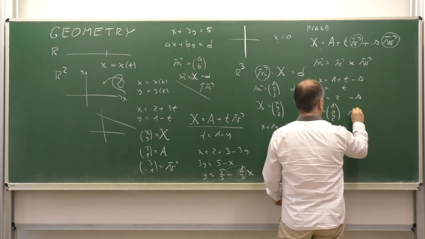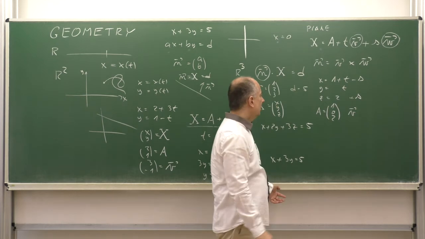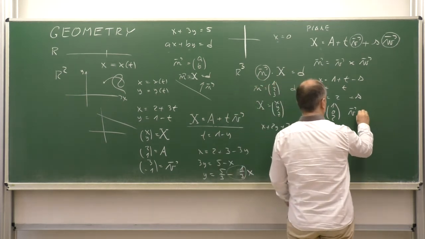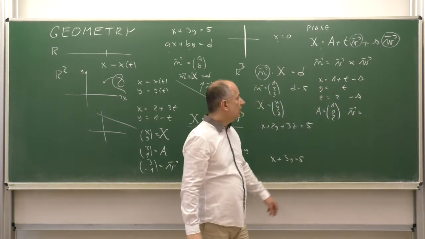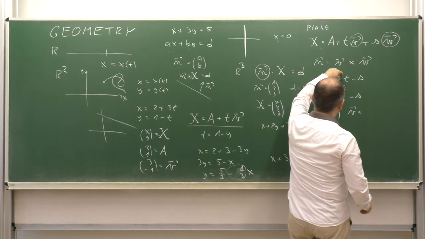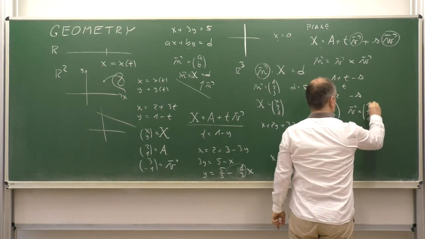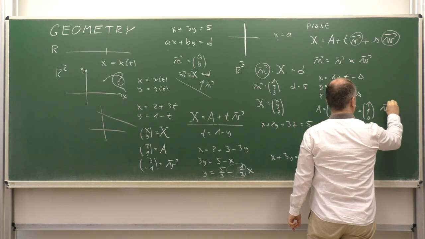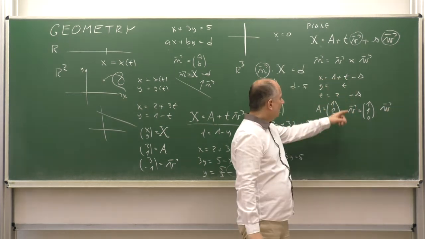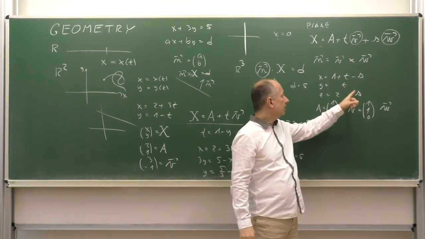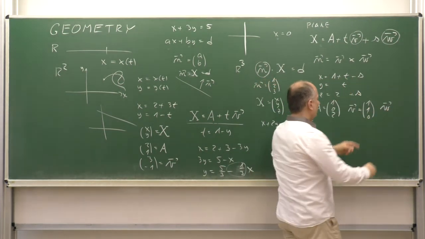The first tangent vector v is the vector of the coefficients of the parameter t, which is 1, 1, 0, and w is the vector of the coefficients at s, which is minus 1, 0, 1.